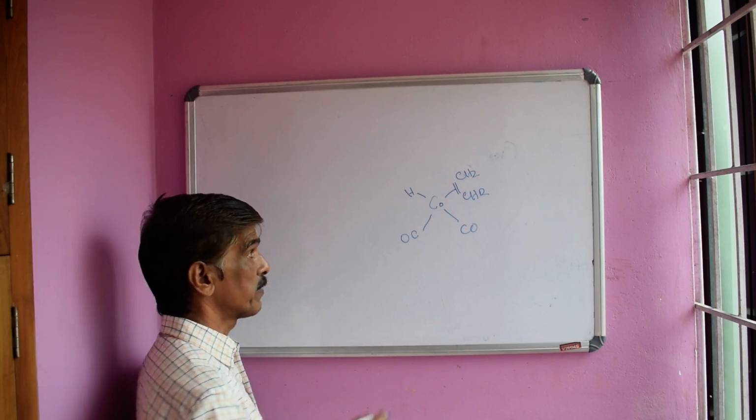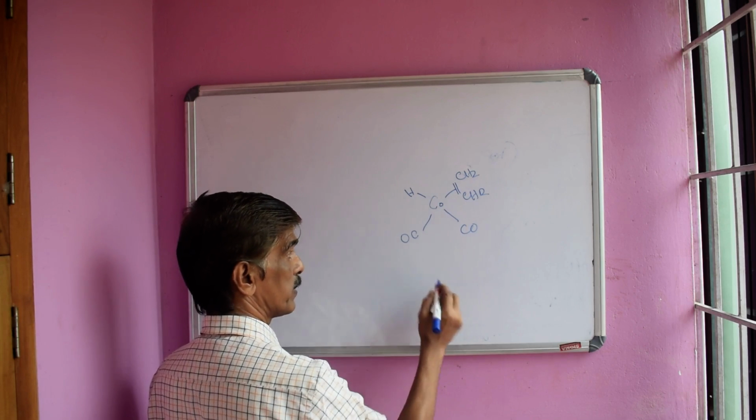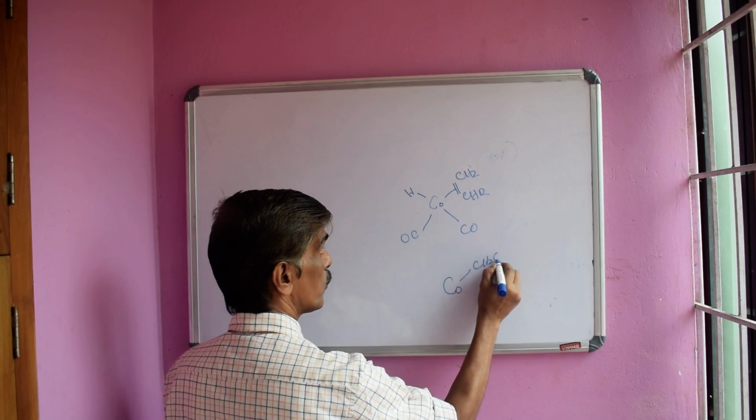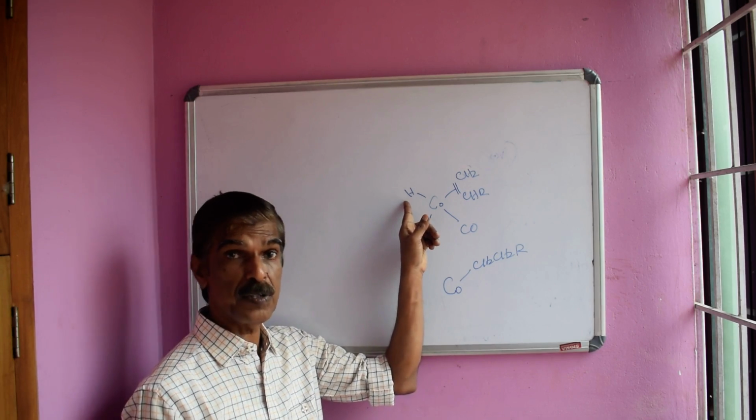This was the species, and you can see that here a 1,2 insertion is taking place between these two, and the product formed we have written as CH2CH2R involving this hydrogen also. That is the 1,2 insertion reaction.